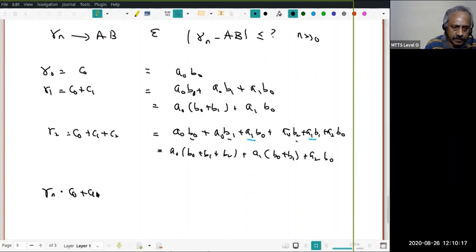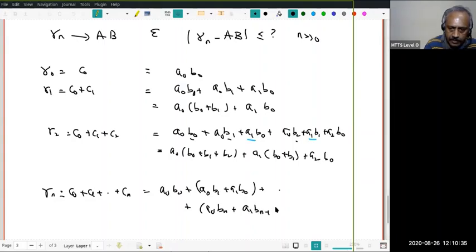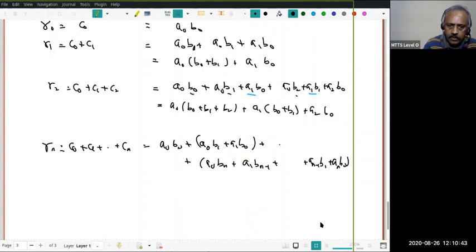So proceeding similarly, what will be gamma n? C naught plus C1 plus up to Cn. That is going to be A naught B naught plus A naught B1 plus A1 B naught, plus the last term will be A naught Bn plus A1 Bn minus 1, etc., then An minus 1 B1 plus An B naught. Is that clear? So I'll again rearrange it. This is A naught into B naught, B1 up to Bn.